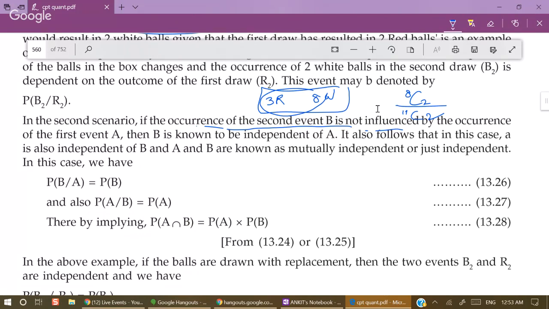That means the first event A is independent of the second event B and vice versa.